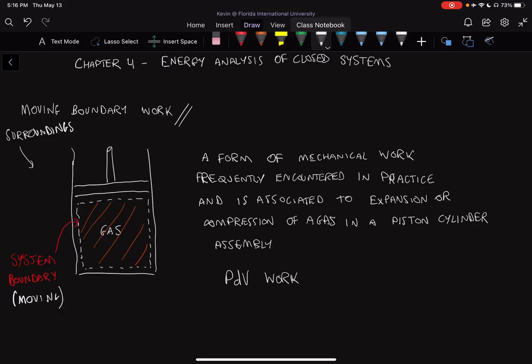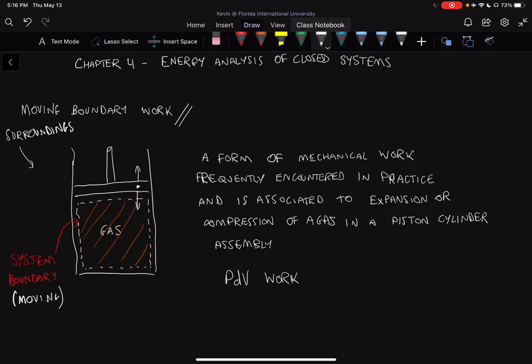If we have a piston cylinder assembly, we know that this boundary can move up or down. So this piston can move up or down. The movement up or down is what creates this moving boundary work. So this is the moving boundary work.